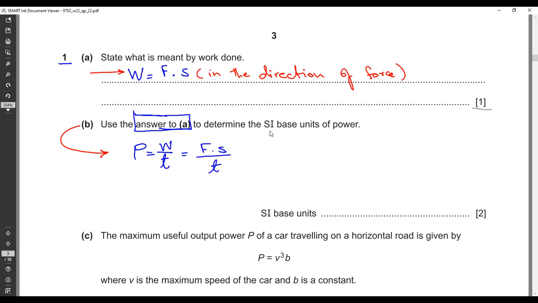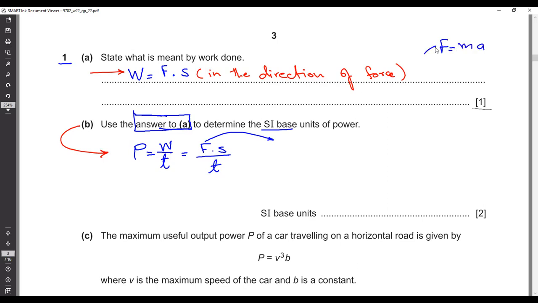So do you know the SI base unit for force? It's the SI unit, not the base. So what's the formula for the force? Any formula for the force? Mass into acceleration.